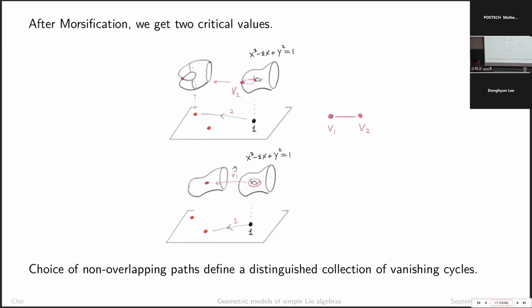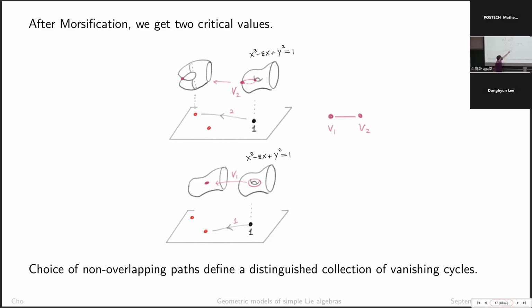So we Morsify, and as before, we get 2 critical points. So this single critical point becomes 2 critical points. As a Morsification, we add x cubed minus epsilon x plus y squared. And then from 1 you can go to this critical value.